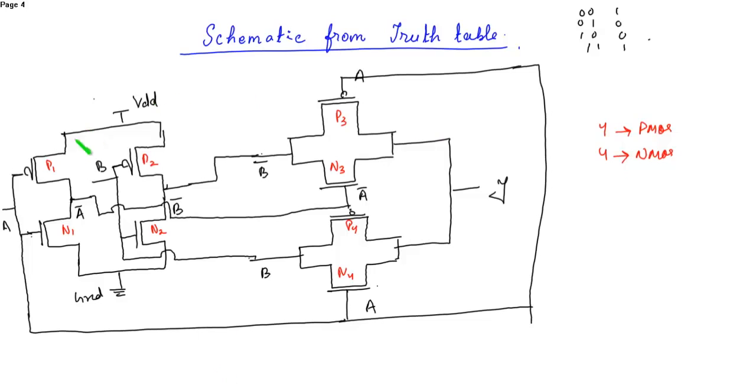So we all know the terminals. This is source, this is drain, this is drain, source. You know, these are drain, these are source, drain, and source, drain. So next you have to draw the twisted schematic from this normal schematic.